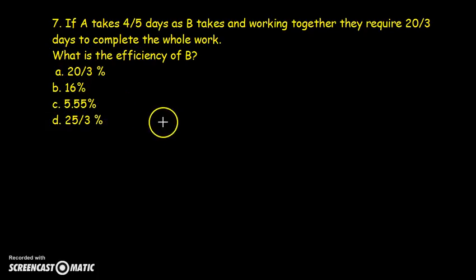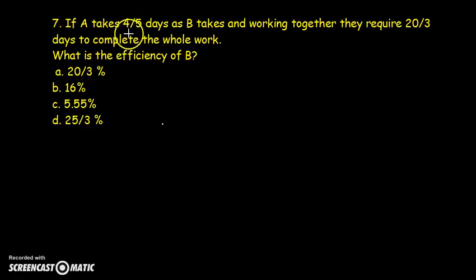Let us attempt the 7th question. If A takes 4/5 days as B takes, and working together they require 20/3 days to complete the whole work, what is the efficiency of B?